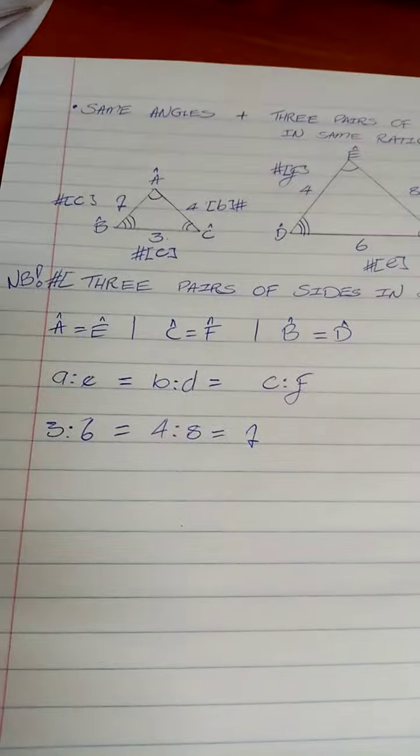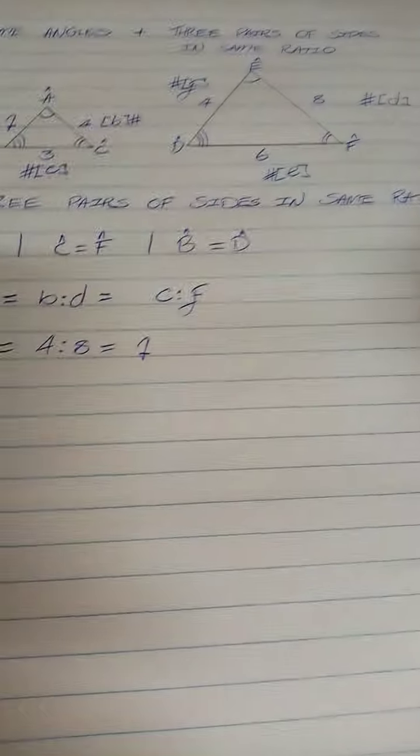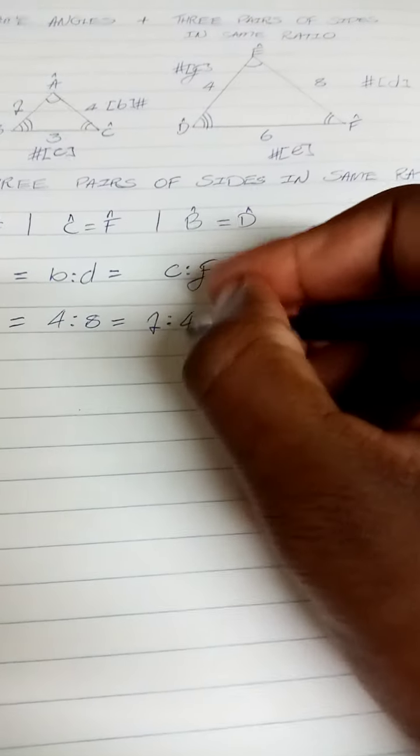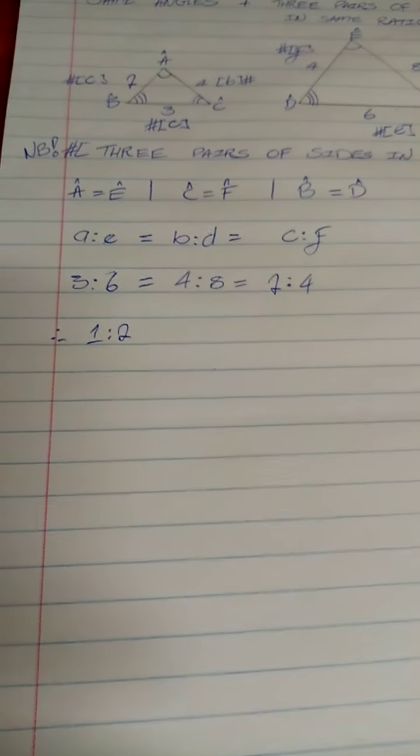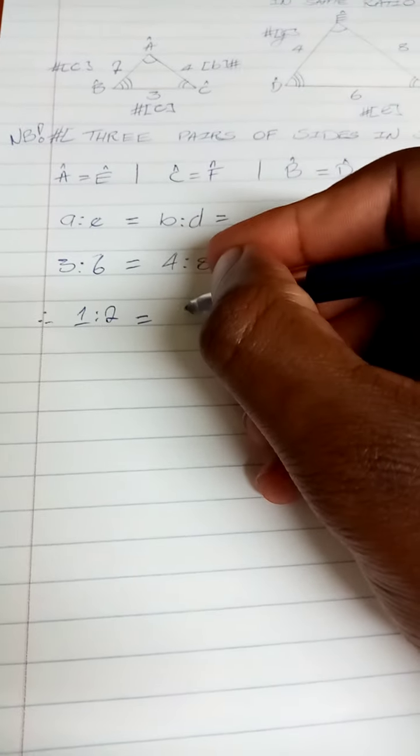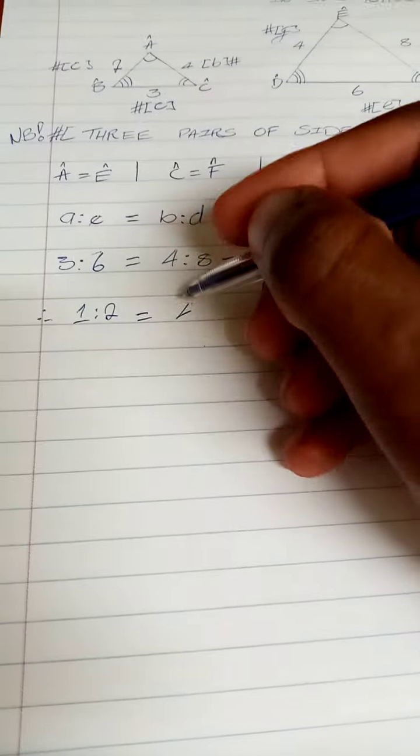C is 2, is to the ratio of F. F is equal to 4. If these are all equal, therefore simplifying this ratio, it is 1 to 2. When it comes to ratio, it's also like just dividing. It's like 3 over 6, 1 over 2. So it's just 1 to 2.